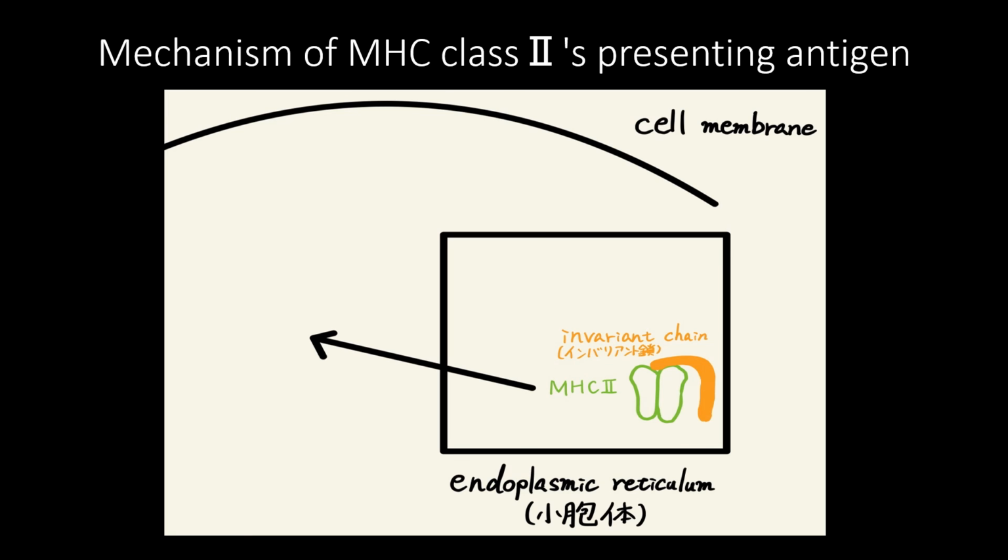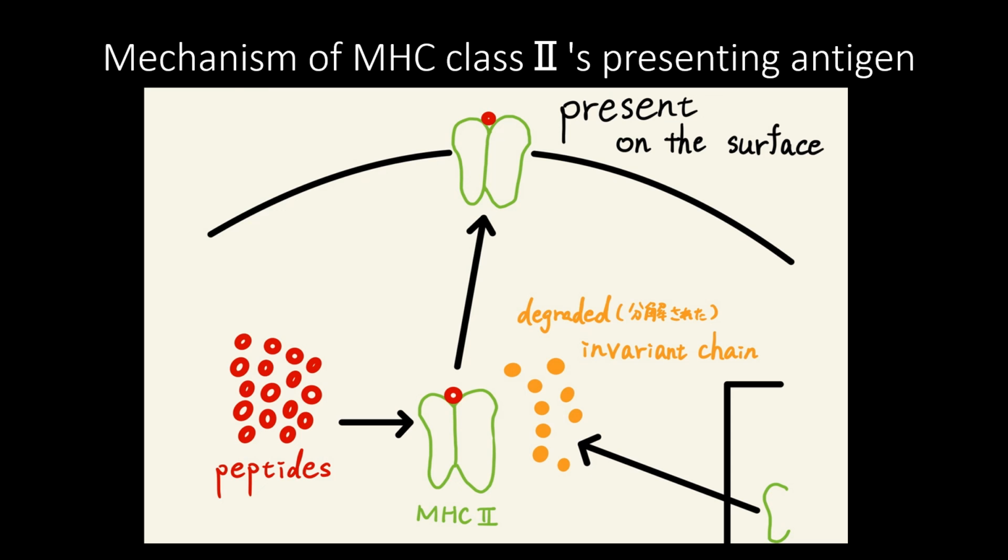Invariant chain, or its fragment, CLIP, serves to prevent other peptides from binding to Class 2. At the end, peptides and MHC2 meet, get together, and move to the cell surface for antigen presentation. This is how MHC2 present antigen like bacteria and toxins.